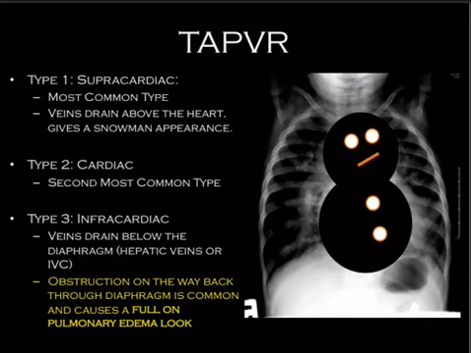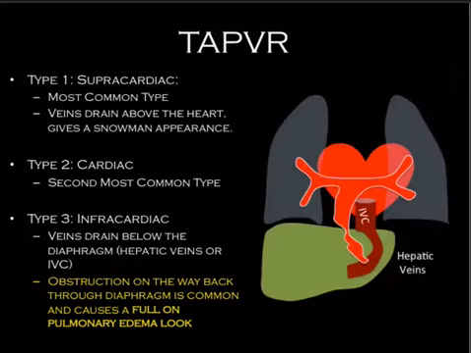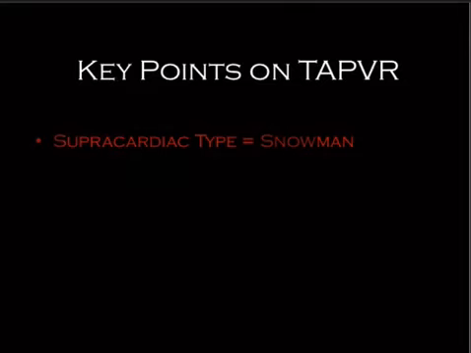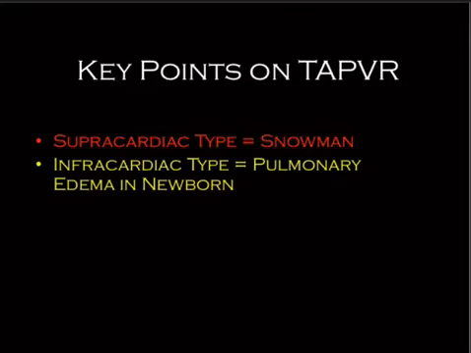So your type 1 is your supracardiac, that's your snowman. Type 2 is cardiac, don't worry about remembering that one. And type 3 is infracardiac, and that's the one that has the pulmonary edema. So key things to remember: supracardiac snowman, infracardiac pulmonary edema in a newborn.